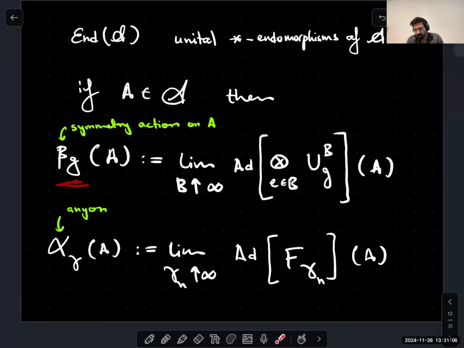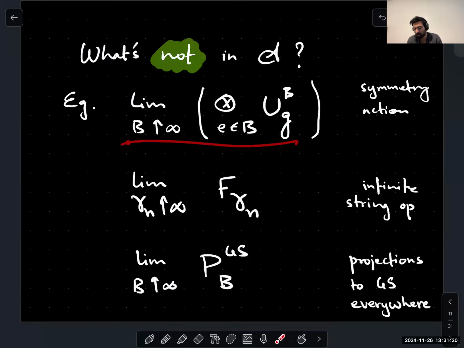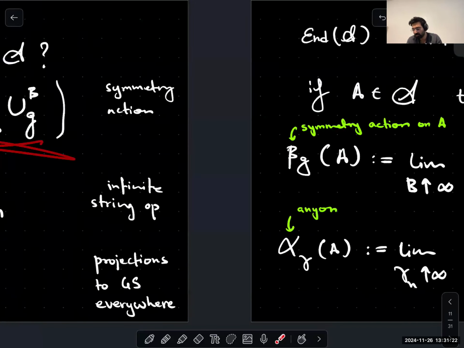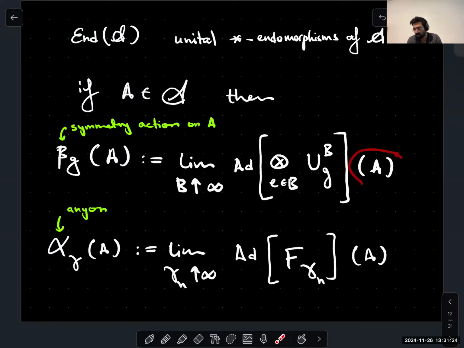Now, let's say you're considering the symmetry action, and you really do want to send the ball over to infinity. Then what you do is you literally just adjoint the action of the previous operator that I said was not good, this operator right here. You just adjoint it onto any observable that you want, and immediately that's going to give you the symmetry action.